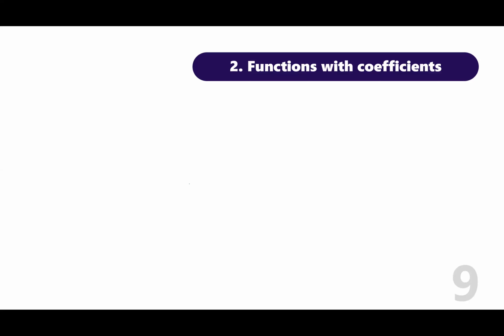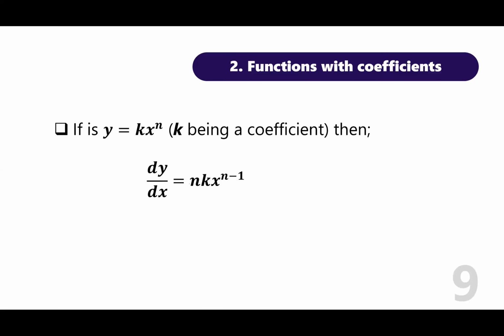Let us go to basic rule number 2. Basic rule number 2, what are we saying? If you have a function which is kx to power n, and k being a coefficient, then dy dx will be nk x to the n minus 1.